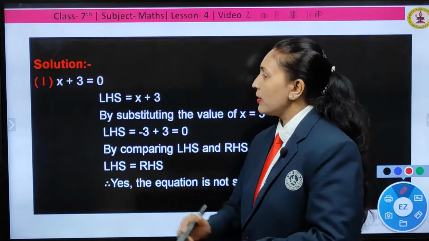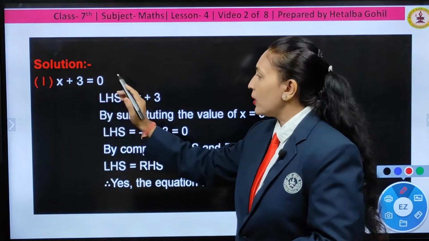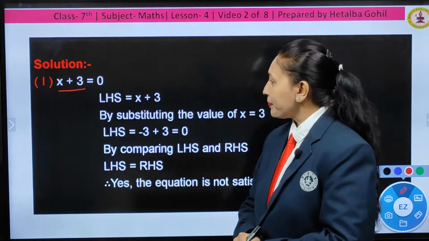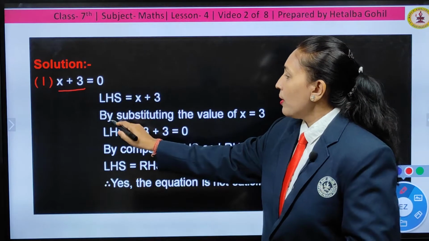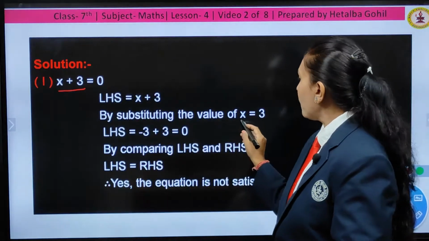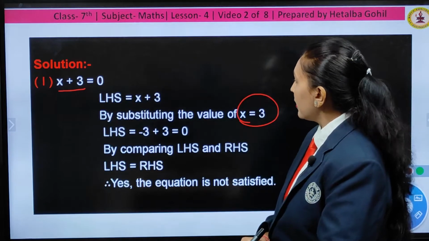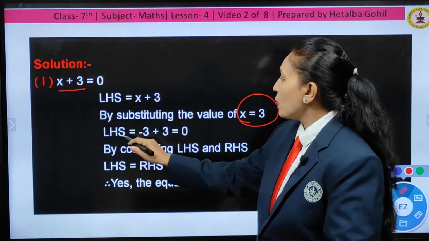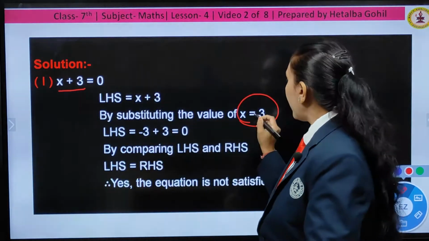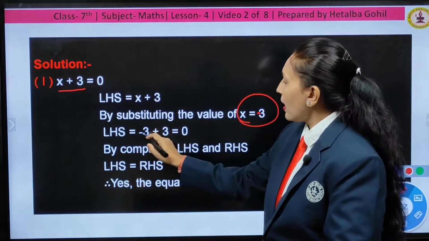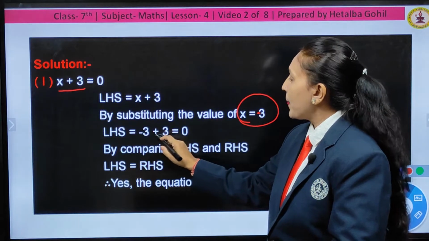The first question, x plus 3 equal to 0. So LHS is x plus 3. Now by substituting the value of x, which is minus 3, we get minus 3 plus 3.